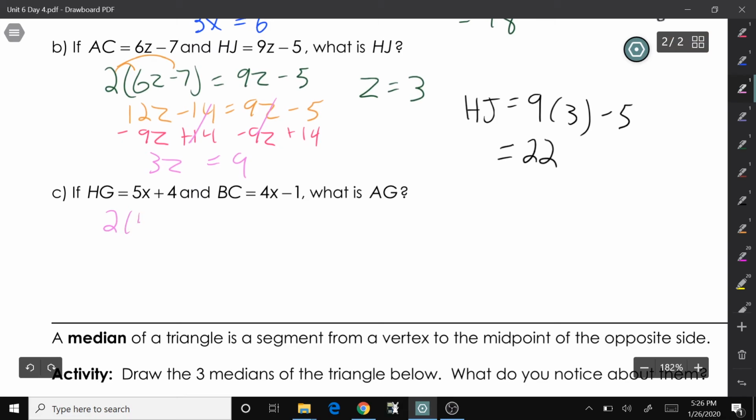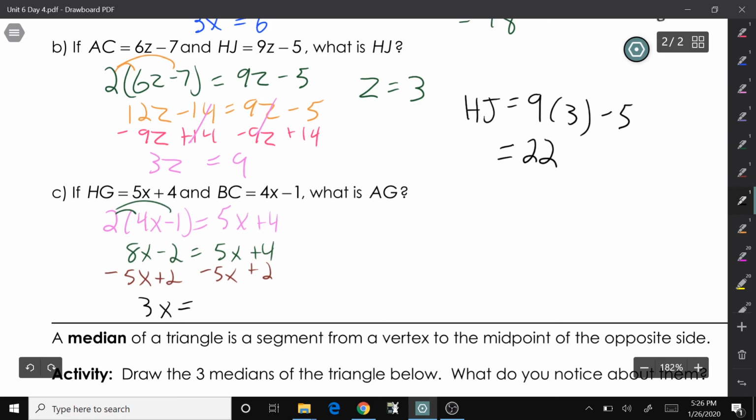So 2 times 4x minus 1 equals 5x plus 4. So we're going to solve that. 8x minus 2 equals 5x plus 4. Add 2 and subtract 5x. This gives us 3x equals 6. Divide both sides by 3.